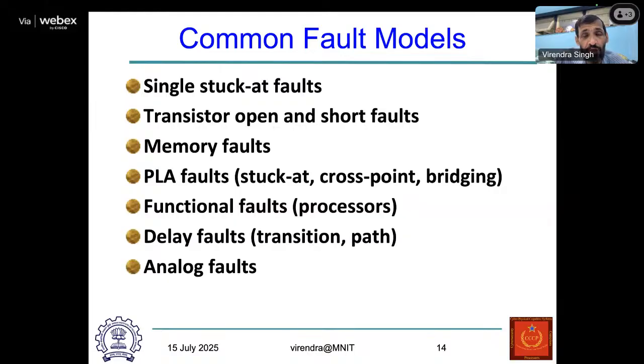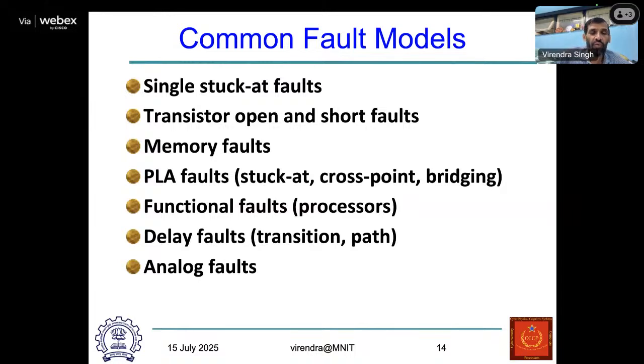There are a couple of faults or defects which perhaps the single stuck-at fault model cannot uncover in CMOS circuits, and for that we have added some additional fault models at the transistor level. Those are transistor open and transistor short.